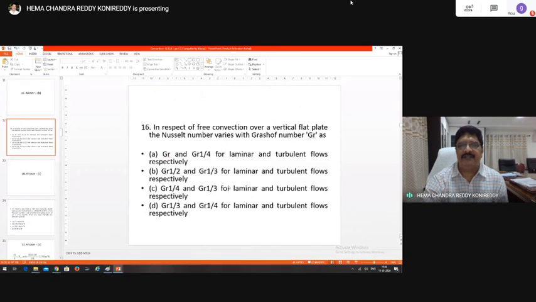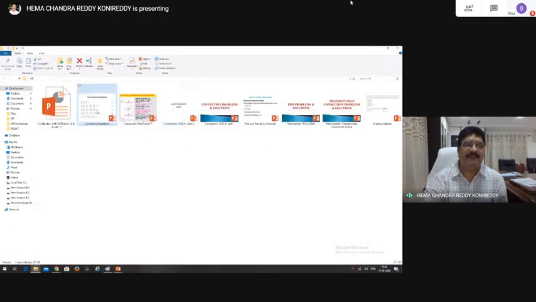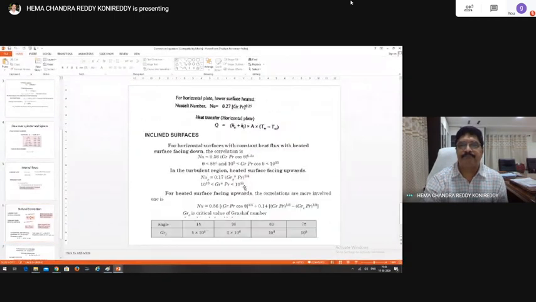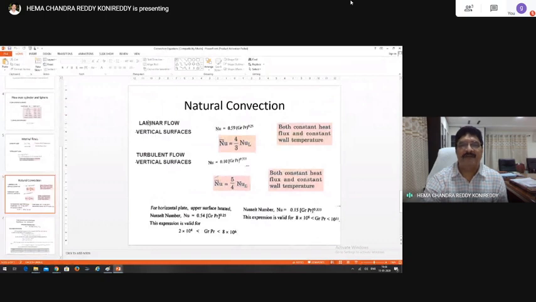The question is on Nusselt's number varies with Grashof number. How is Nusselt's number varying with Grashof number? For natural convection with laminar flows, Nusselt's equal to 0.59 GrPr whole raised to the power 1 by 4, and for turbulent flows, Nusselt's equal to 0.10 GrPr whole raised to the power 1 by 3.